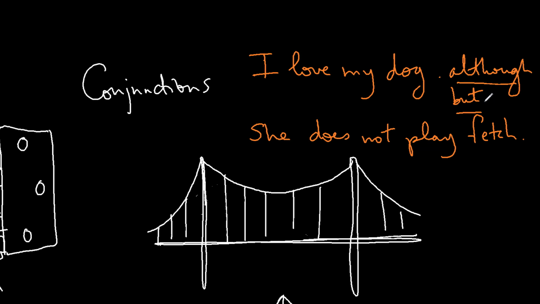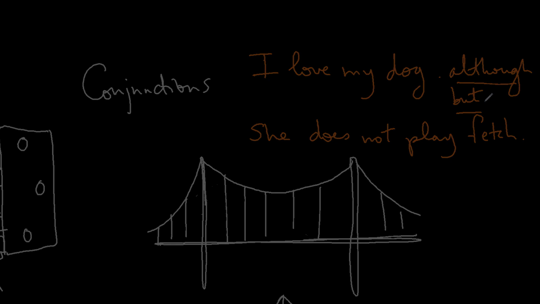And that's what we'll talk about in this video, what the most common conjunctions are and how they work in particular sentences. There are three kinds of conjunctions, and we'll start here with the coordinating conjunctions. What these conjunctions do is they tie together two equal elements.